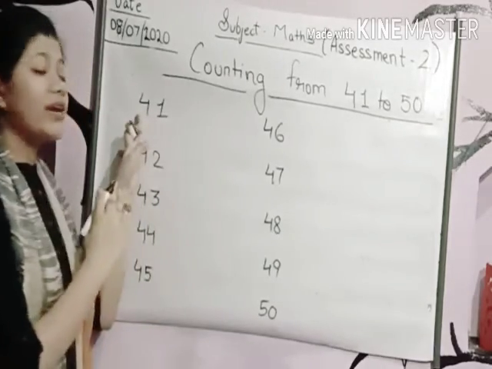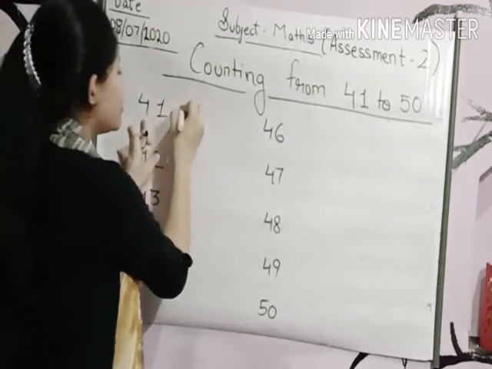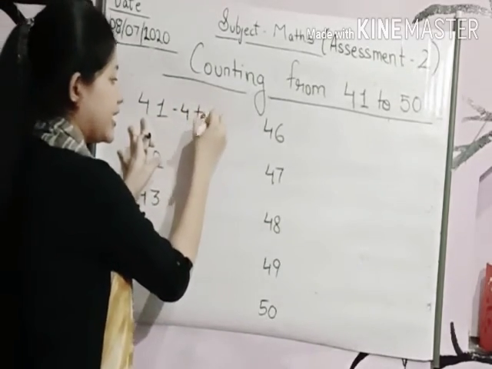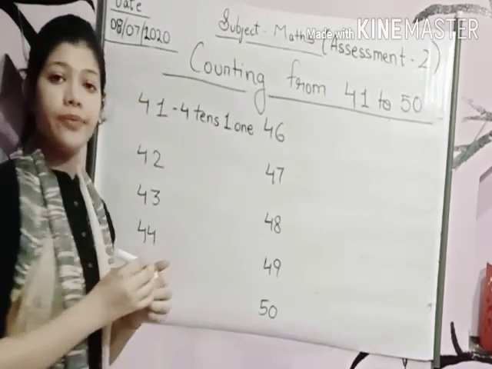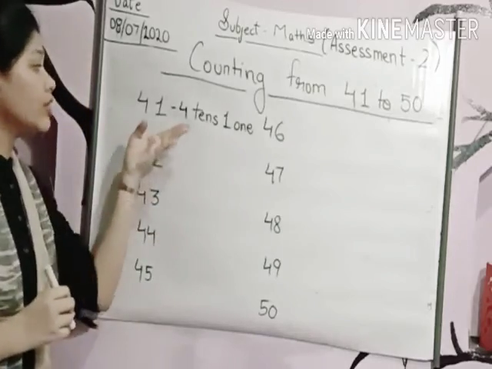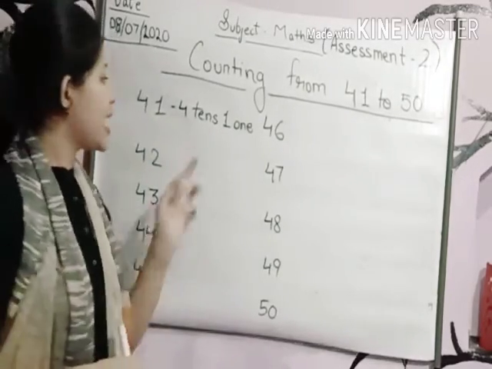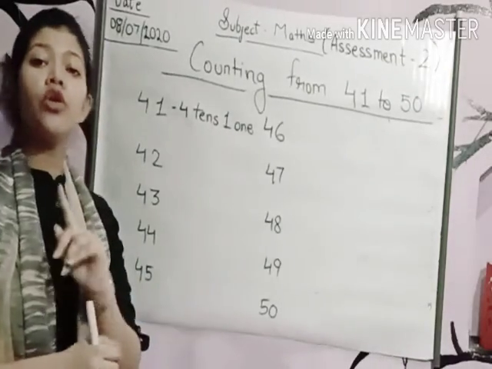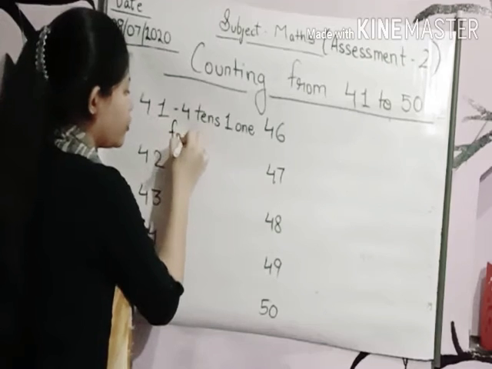So how can we write this number in the place value form? We can write it as 4 tens and 1 one. Now you know that 4 tens is equal to 40, and 1 is equal to 1. So we can write it as 41.